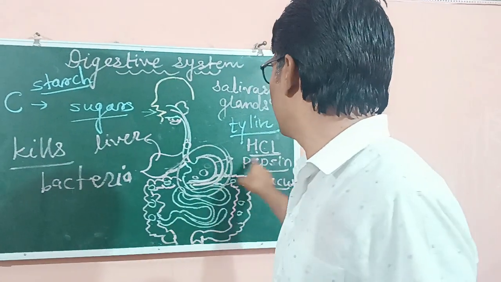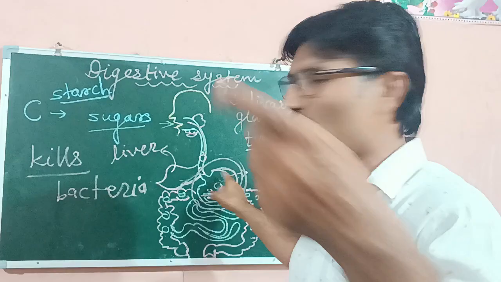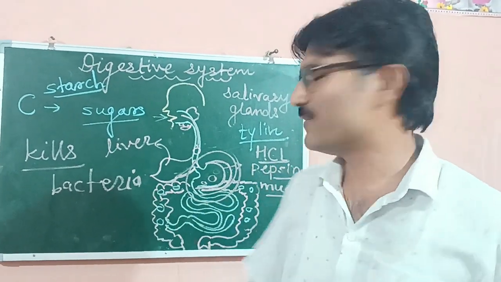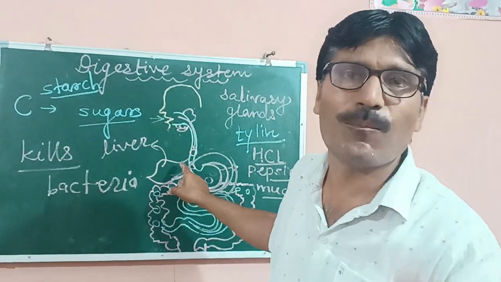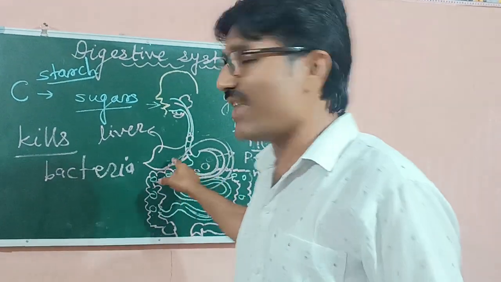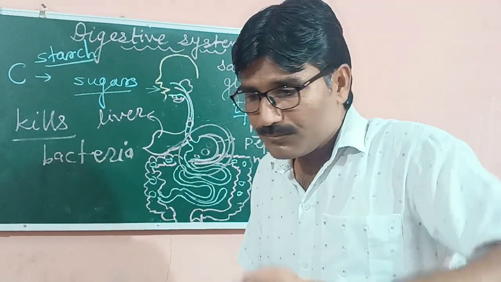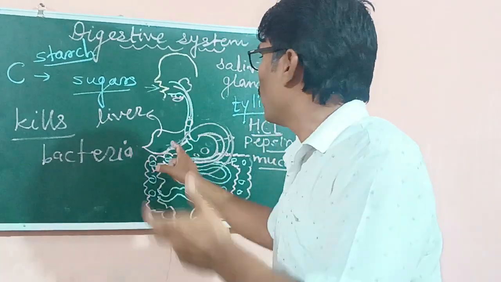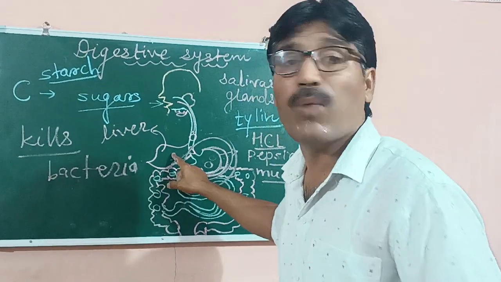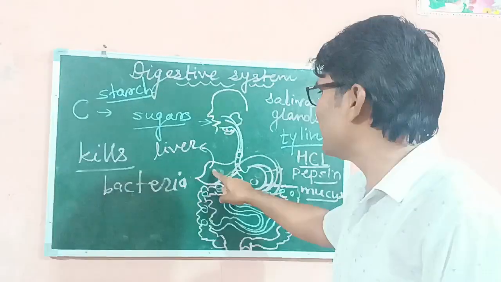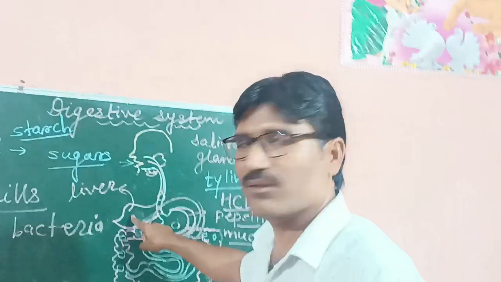That is the concentration of such enzymes like hydrochloric acid and bile. That's why the alcoholic person's liver gets holes, because of the bile that is already present inside the liver.